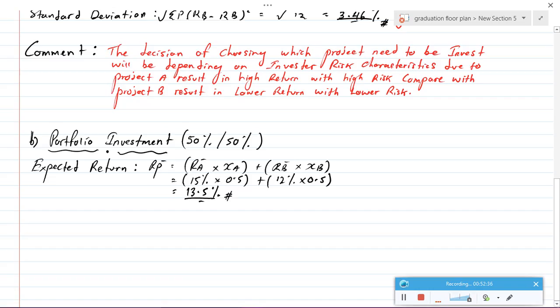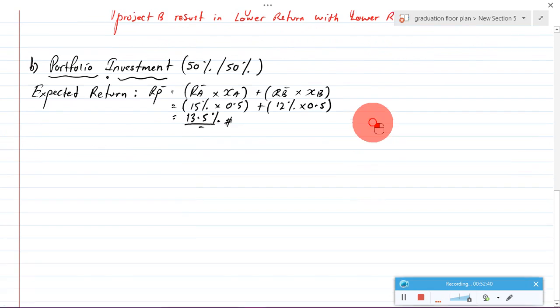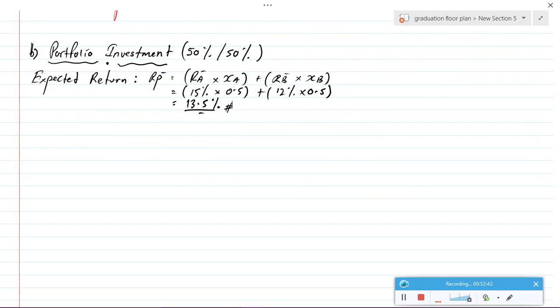3 divided with standard deviation A and standard deviation B. So how much you get just now? Standard deviation A, 3.61. Standard deviation B is 3.46. How much you get?